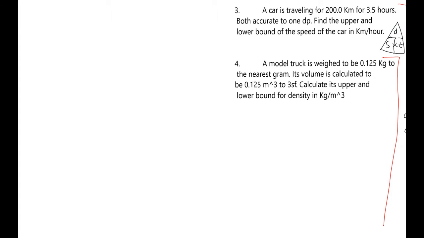Question 4. So we're asked for density. So very first thing, we need to work out how did density come into this, right? So we need to create a density mass volume triangle. Mass, density, volume.